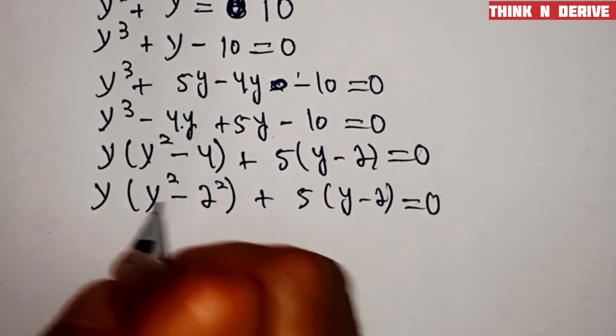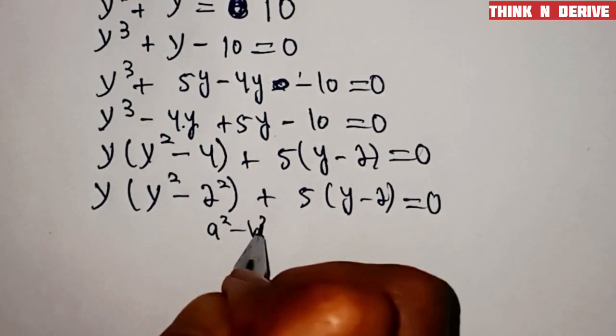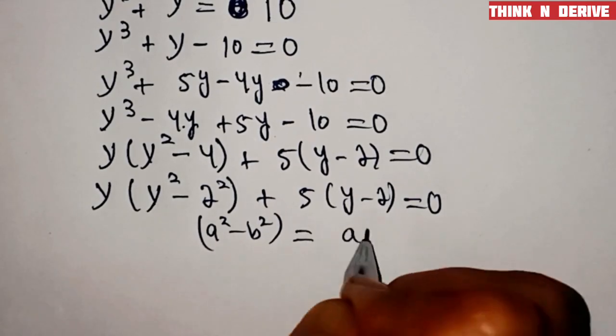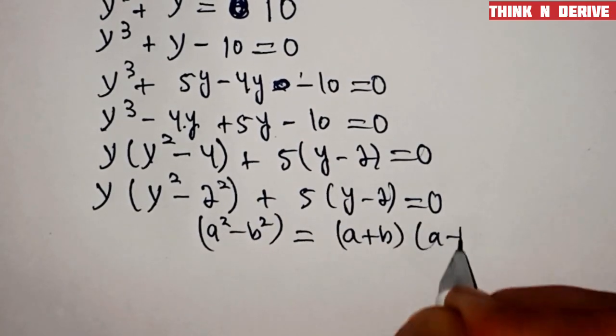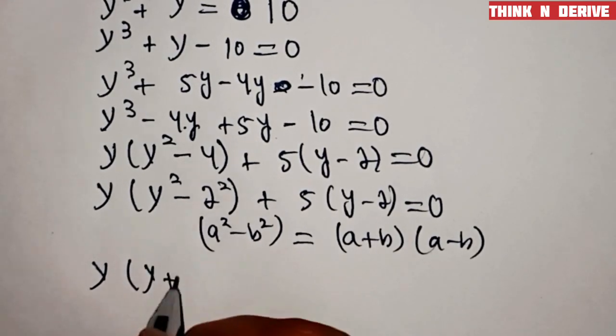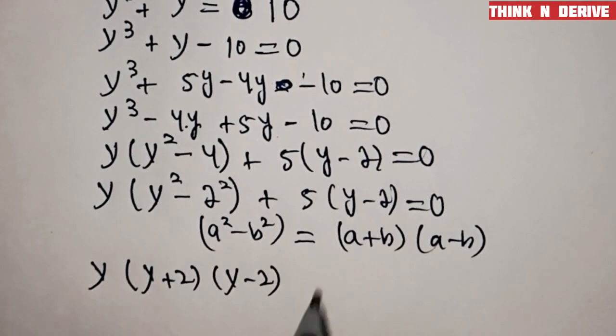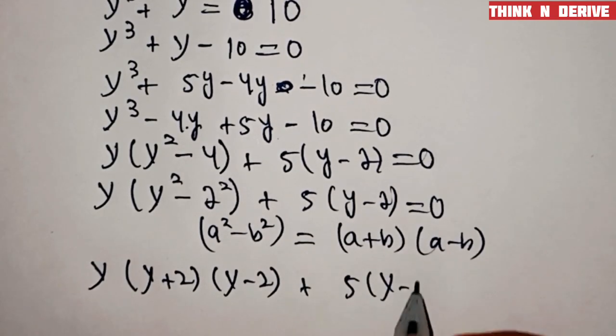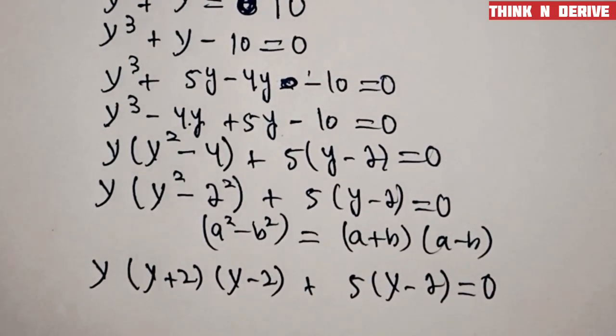Now this is the formula a square minus b square equals (a plus b)(a minus b). So (y plus 2)(y minus 2) plus 5(y minus 2) equals 0.